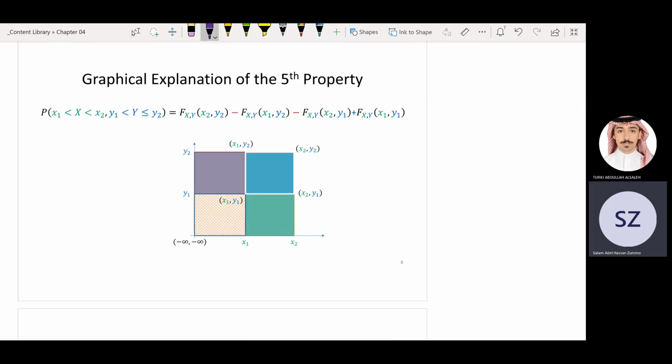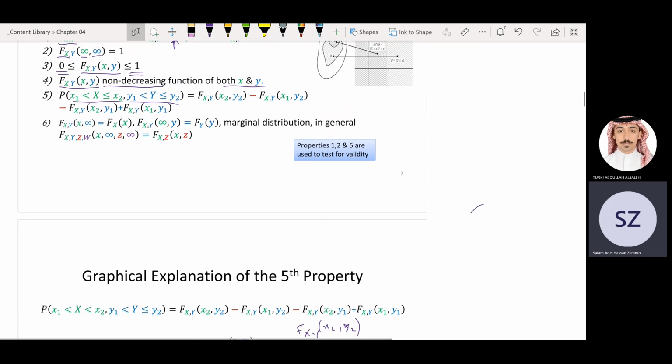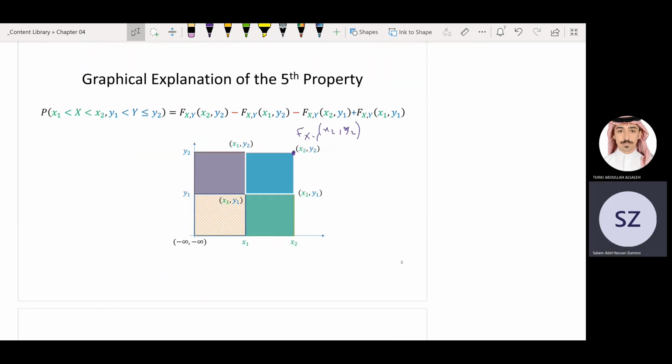So basically think about it this way. I am interested in finding the probability that X, so F_XY at x2, so this is F_XY(x2, y2), right? So at x2 and y2, I'm interested in finding the probability that X is between x1 and x2, and Y is between y1 and y2, right?